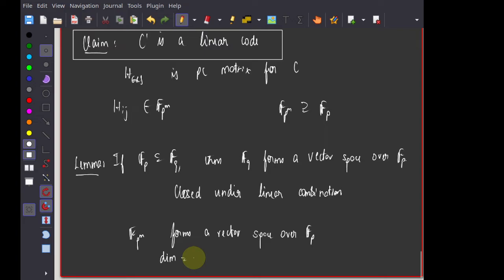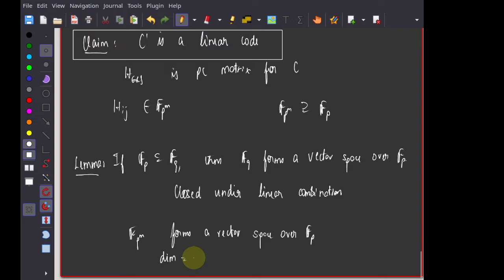What is the degree of the irreducible polynomial if I want to construct FP to the M? M. So all elements can be viewed as polynomials of degree less than or equal to M minus 1.